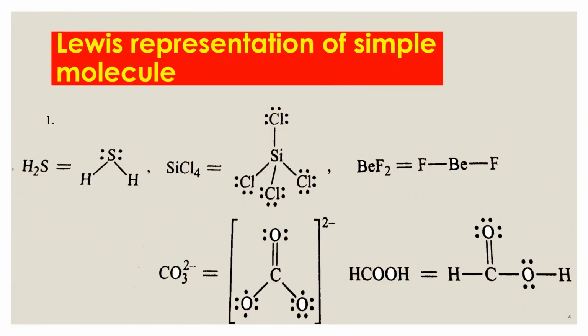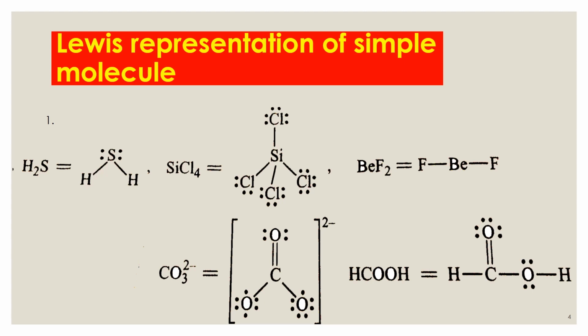Next, Lewis representation of simple molecules. We all know about Lewis dot structures. In that, only valence electrons are shown as dots around the central atom.